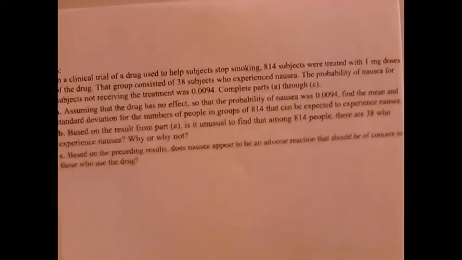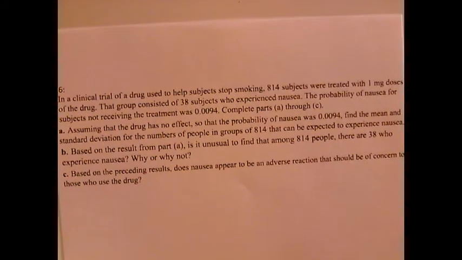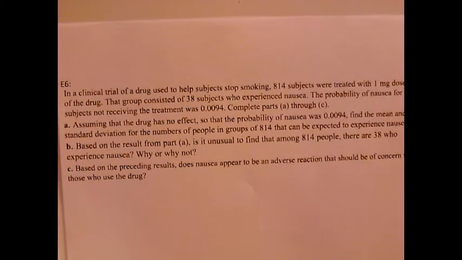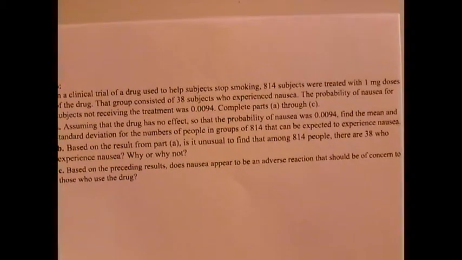We've got a couple more examples that are related to binomial probability distributions. In a clinical trial of a drug used to help students stop smoking, 814 subjects were treated with 1 milligram doses of the drug. That group consisted of 38 subjects who experienced nausea.